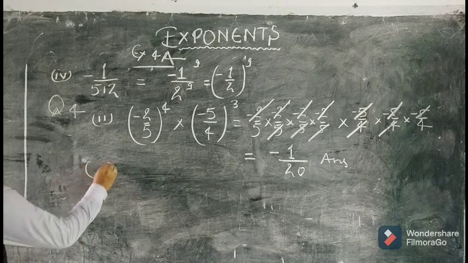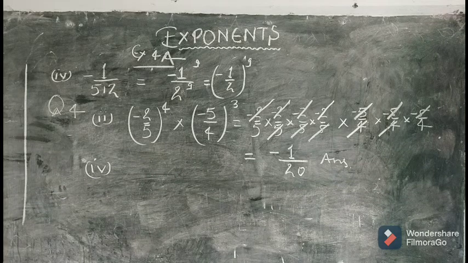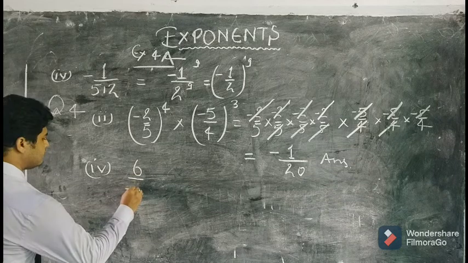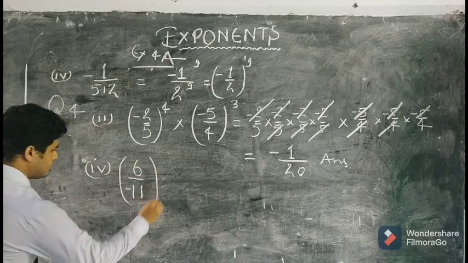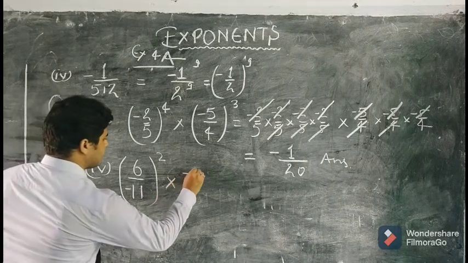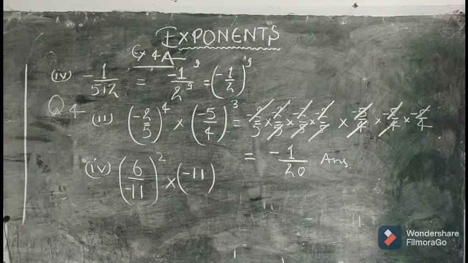Let's see the fourth part. The fourth part is saying 6 upon minus 11, whole square, multiplied by minus 11 to the power 3.